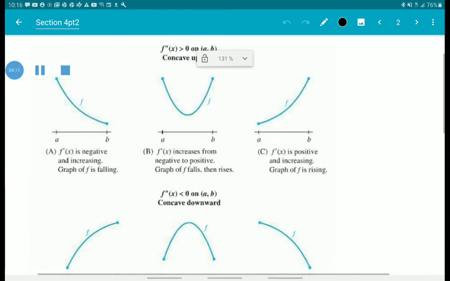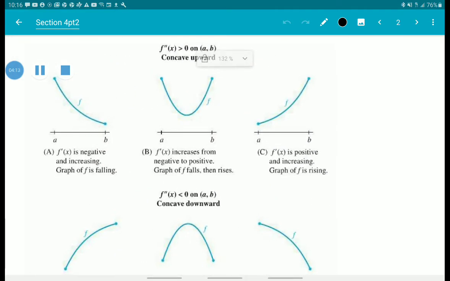So just some pictures. If we're concave up, we could look at any one of these three functions. Notice what's happening with the graph here. In this case, the derivative f prime of x would be negative because we would have negative slopes.